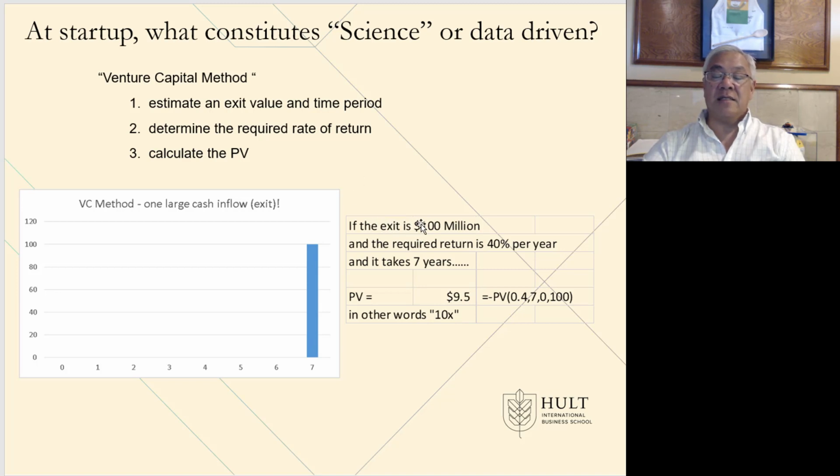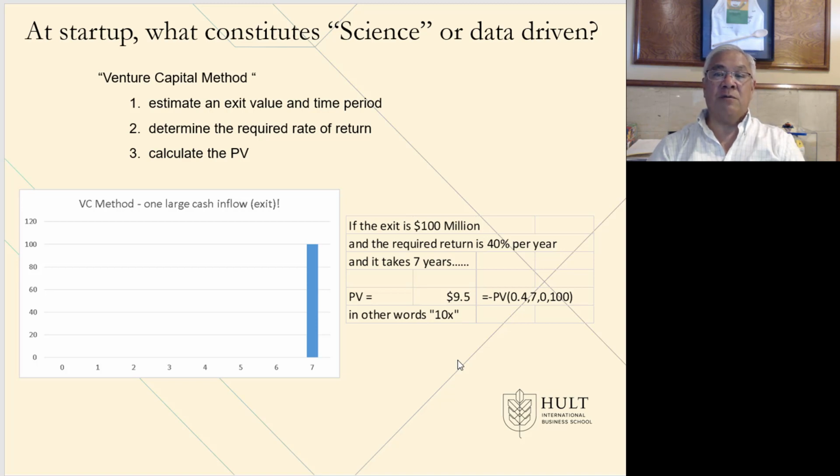If the exit is $100 million, and the original investment was $10 million, and the required return is 40% per year, then the 7-year time frame leads to the present value of 10, right? This is the 10x that we talk about. Embedded in that shorthand phrase of 10x are two things we use all the time: we expect to have an exit in about 7 years, and we expect a rate of return of about 40%.